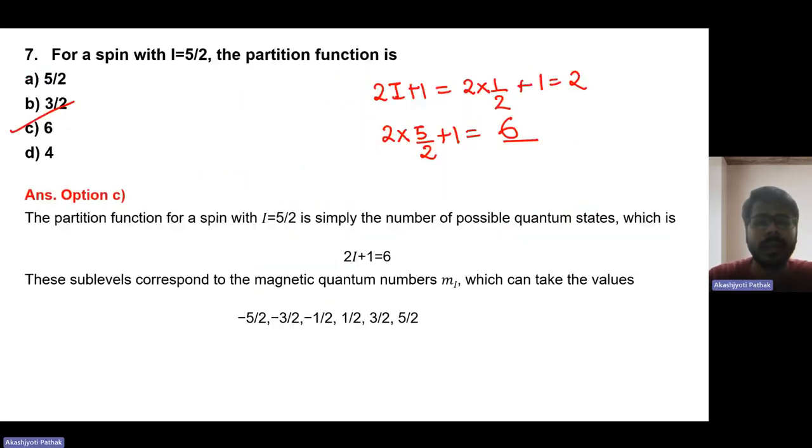So you directly apply the formula and you get your answer.